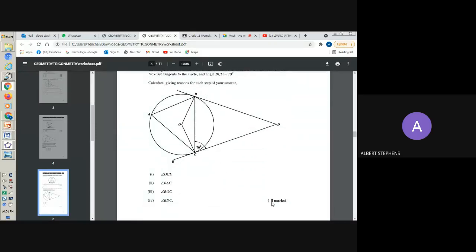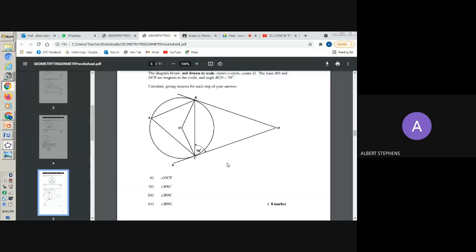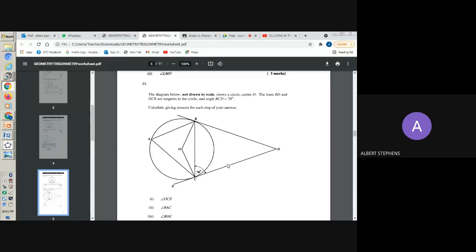By the way, you see how many marks this is worth? 8. So check it out: 2, 4, 6, 8. So 1 mark to get the numerical answer correct, and 1 mark for the reason.